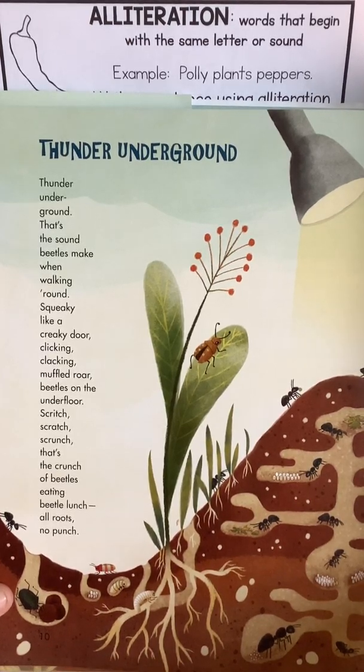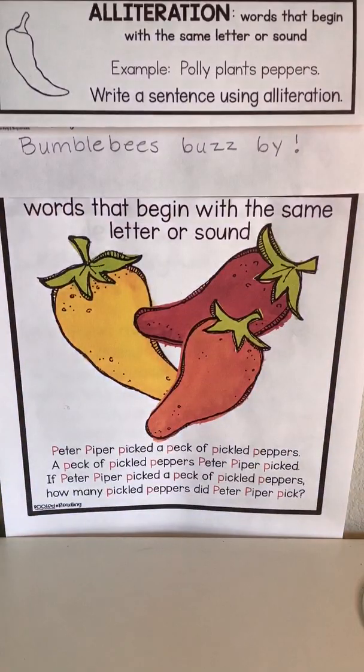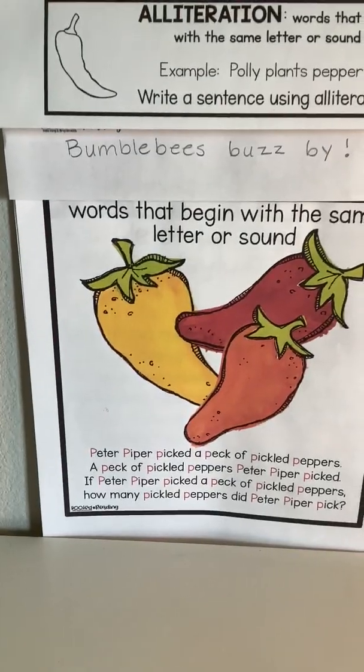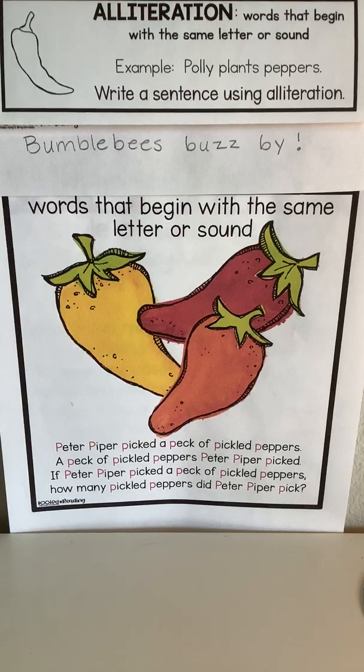Now this poem isn't really an alliteration, but there are some words in there that begin with the same sound. And we're going to go ahead and look at those words and see if we can find words in our poem that begin with the same sound.